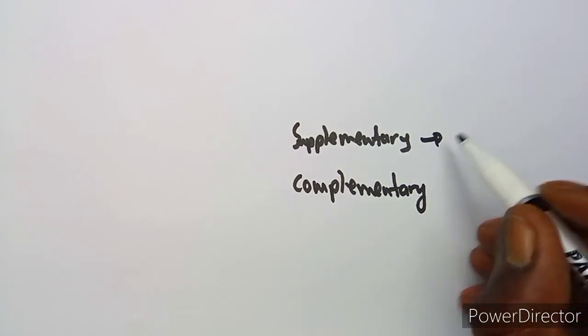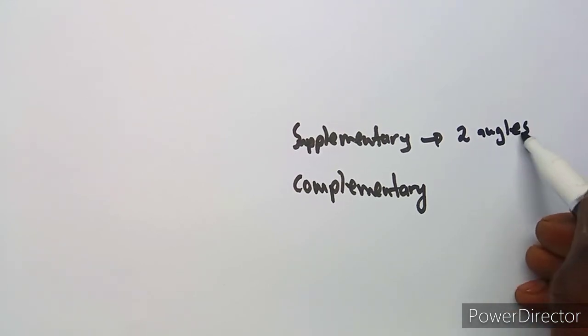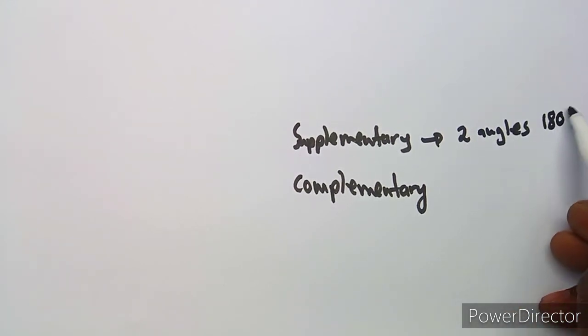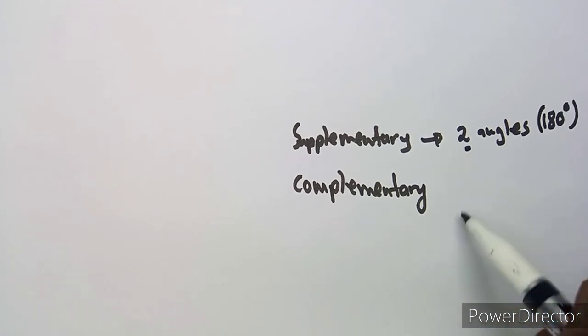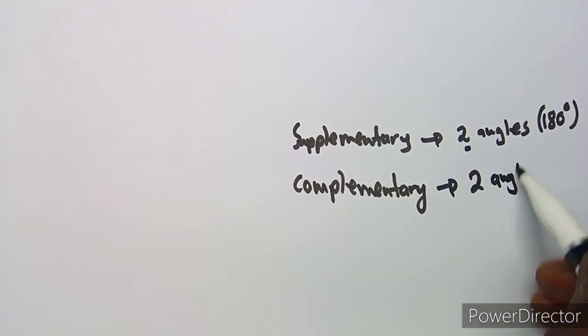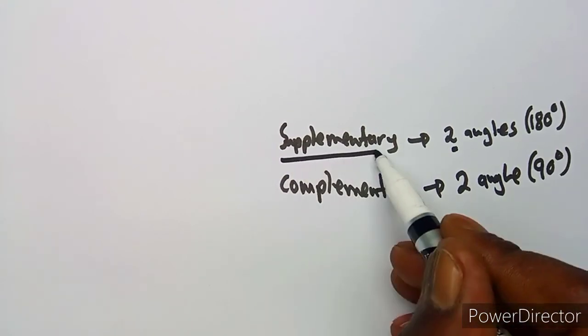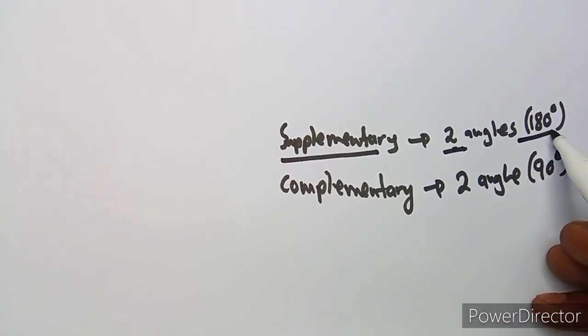Supplementary, you are referring to 2 angles which add up to 180. 2, not 3, but 2. Then complementary angles, you're talking again of 2 angles, but these ones add up to 90 degrees. So supplementary is 2 angles adding to 180.